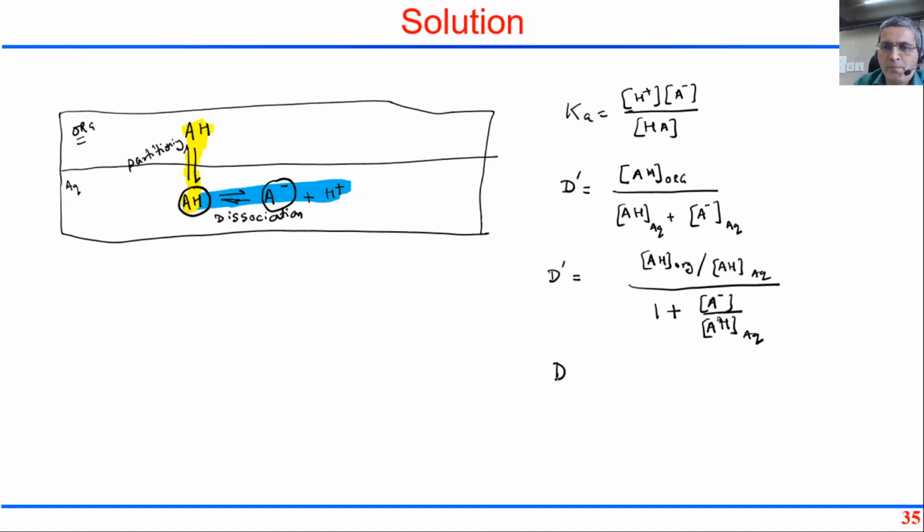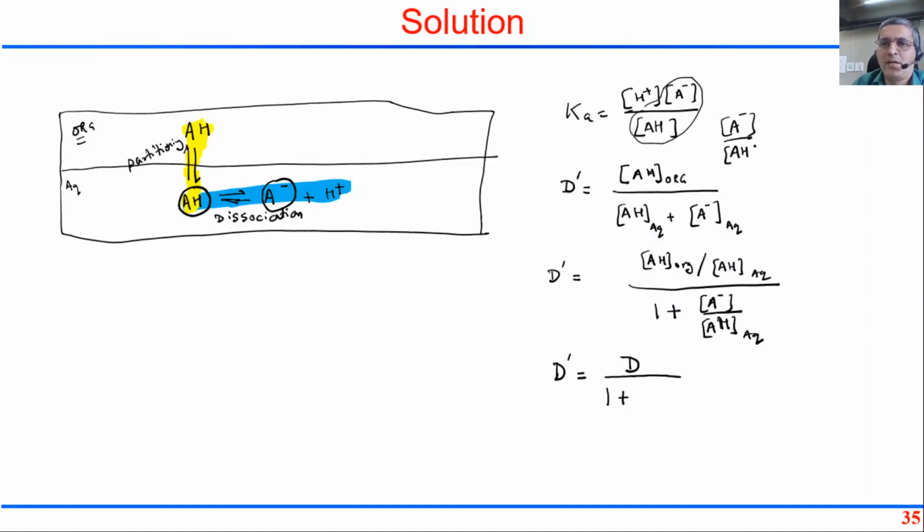So this D prime is now, the numerator is just the partition coefficient, the distribution coefficient D, divided by 1 plus, now look at this, A minus divided by AH in the aqueous phase.